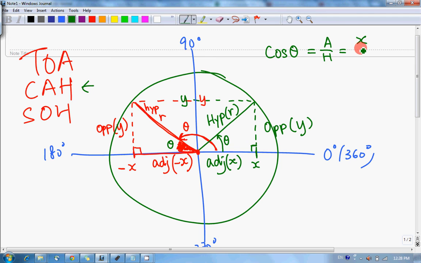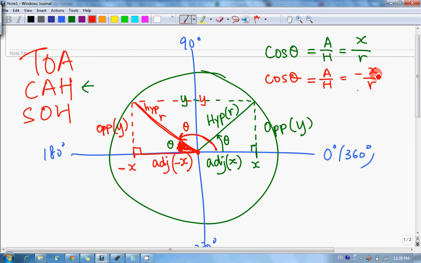Adjacent is X, hypotenuse equals R. And if I look at the red color side, the obtuse angle, cosine theta, same thing, adjacent over hypotenuse. Now my adjacent is, take note, negative X because it's in the negative region. It really looks like a graph. Negative X over hypotenuse, which is still R.